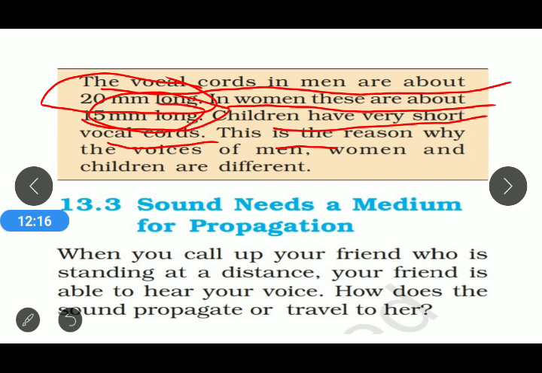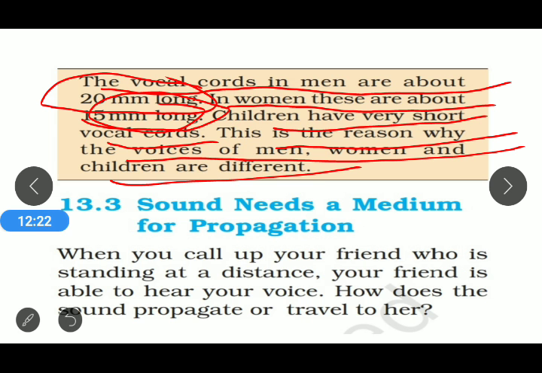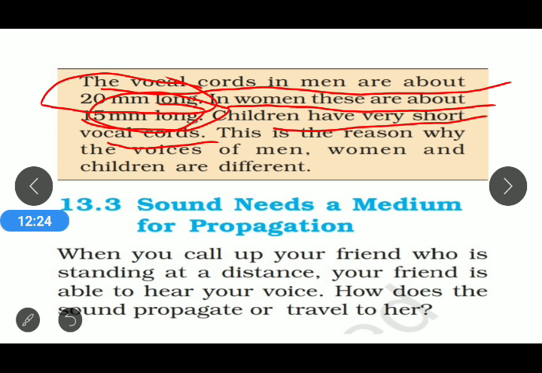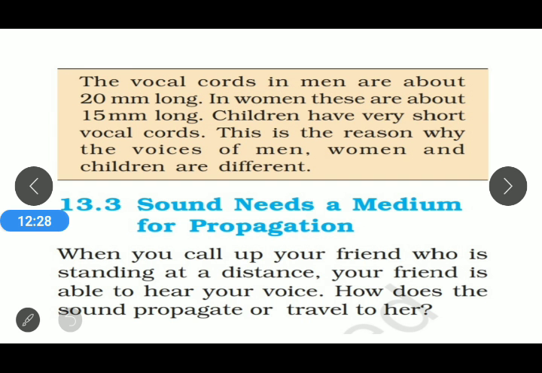This is the reason why the voices of man, women and children are different. So from that point of view, we can easily say why there is a difference between the voice of man, women and children, because there is a difference between the length of the vocal cord in man, women and children.